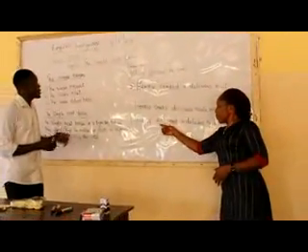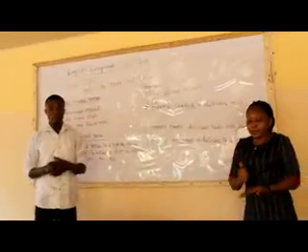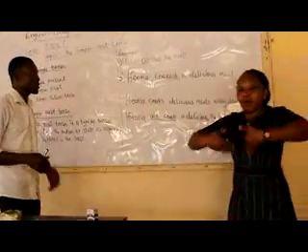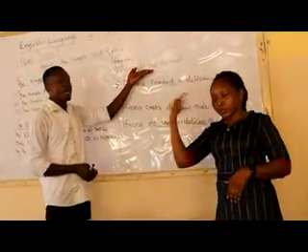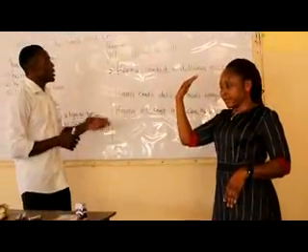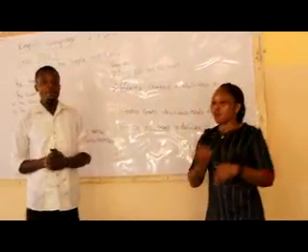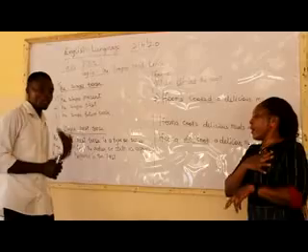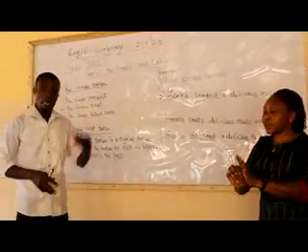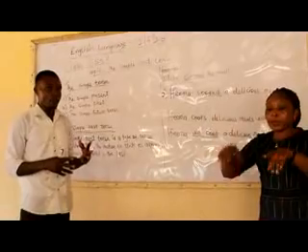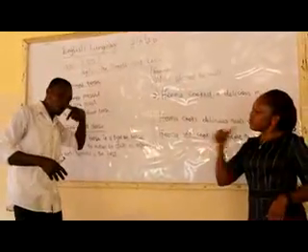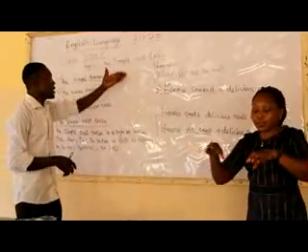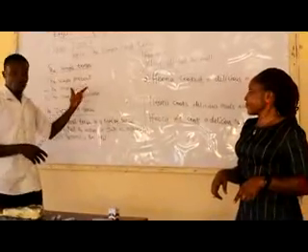But we are looking at the simple past tense. How do we recognize the simple past tense? Like we said, it has one main verb, and that one main verb is in the past tense, and mostly it expresses an action that happened in the past, not an action that has happened before another action took place, because there's a tense that does that, which we're not talking about today.